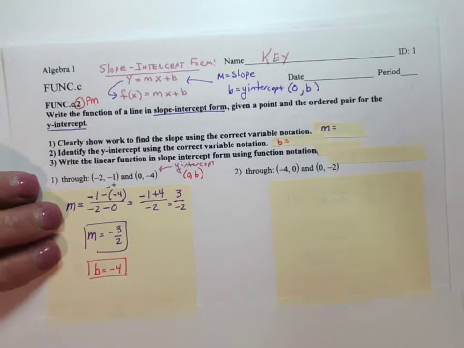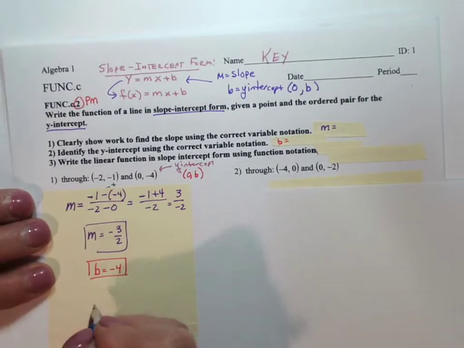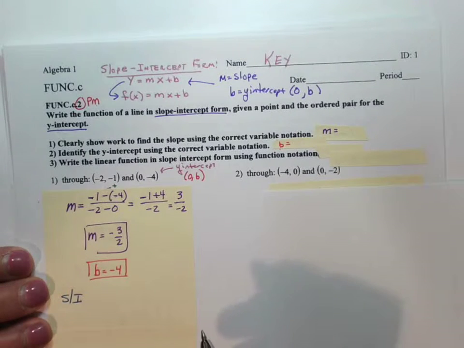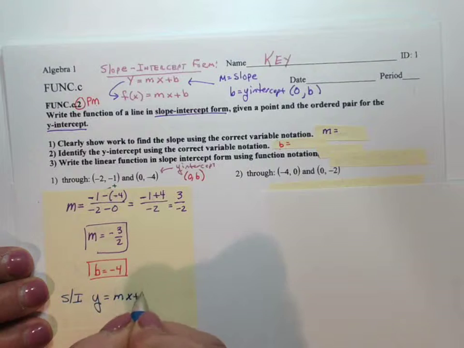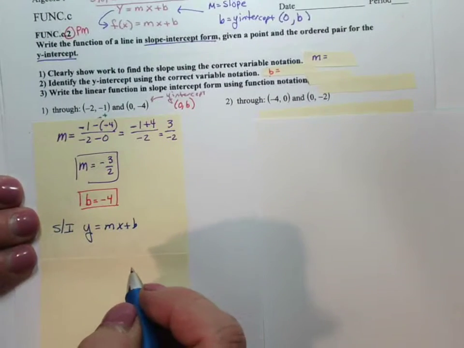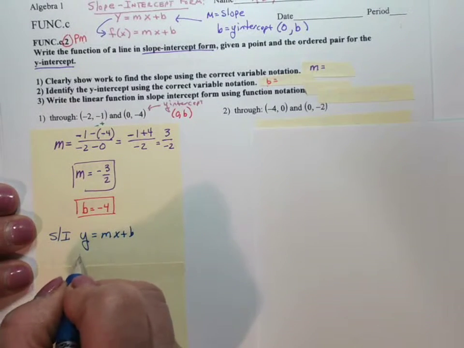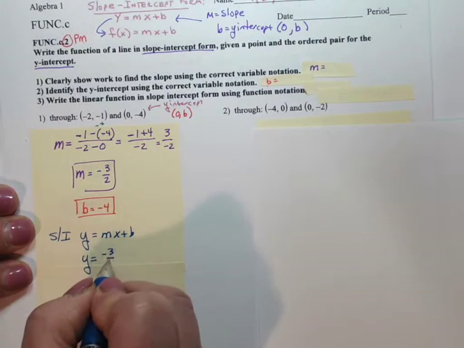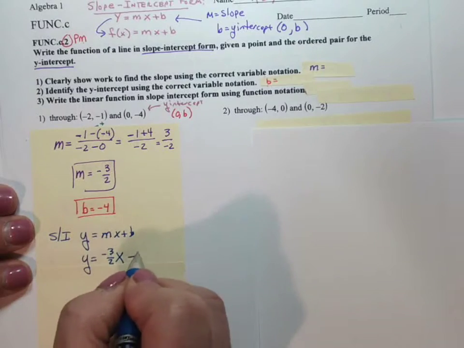So if you were going to put this into slope-intercept, y equals mx plus b, all you need to do is substitute m, -3/2, and b is -4.